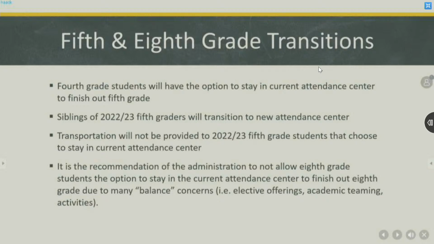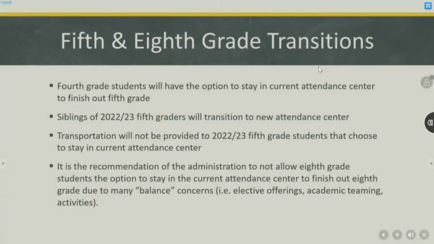When we did so from 1 elementary to 2, Bennington Elementary to Pine Creek, the district said every 5th grader is staying. Okay? In fact, it wasn't 5th grade, it was actually 6th grade. We didn't have middle school at the time. When we moved from Pine Creek to Heritage, we gave that option.